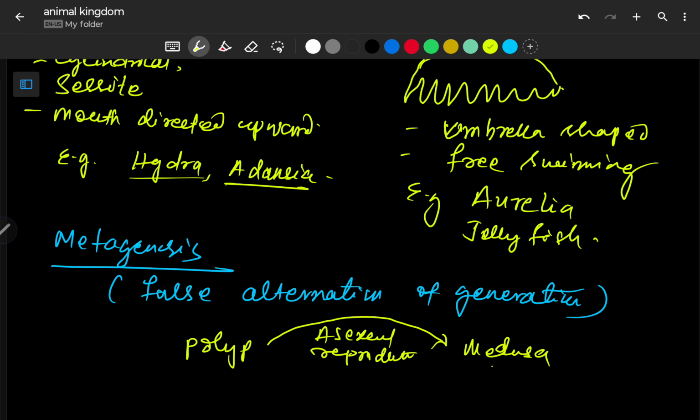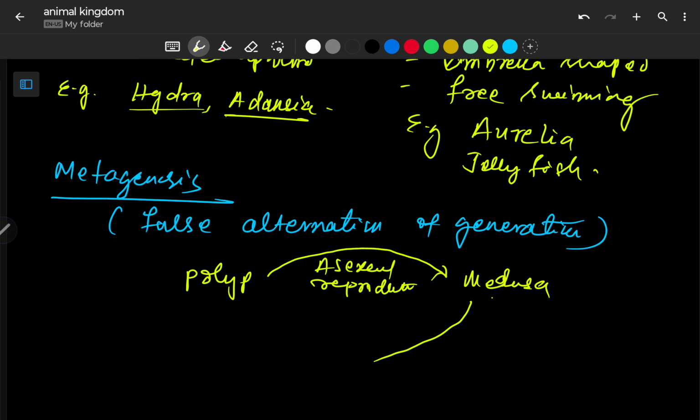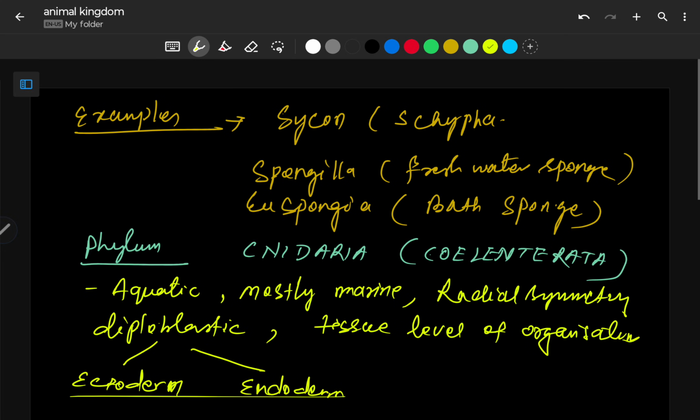Okay, and medusa forms the polyp by sexual reproduction. Okay, so here the life cycle involves 2 phases. One is polyp, one is medusa, and they alternate with each other in the life cycle. Okay, now come to the examples. Some examples I'll give you.